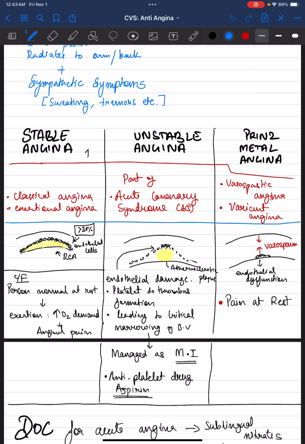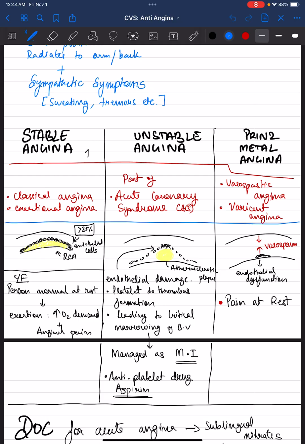Unstable angina is part of the syndrome called acute coronary syndrome. In this, there is atherosclerotic plaque formation and the endothelial lining is damaged.